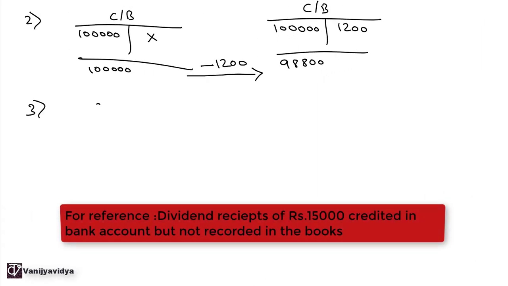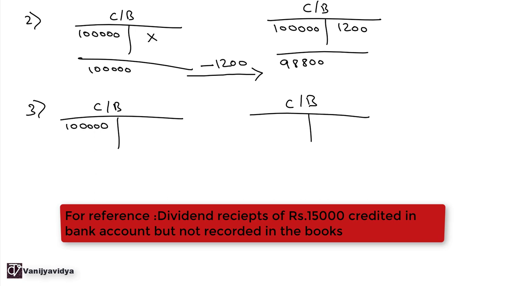Third, so this is wrong entry or an initial entry in the cash book, and this is a rectified entry. We'll assume the balance as 1 lakh debit. Now there is some dividend receipt which is not recorded in the cash book initially.